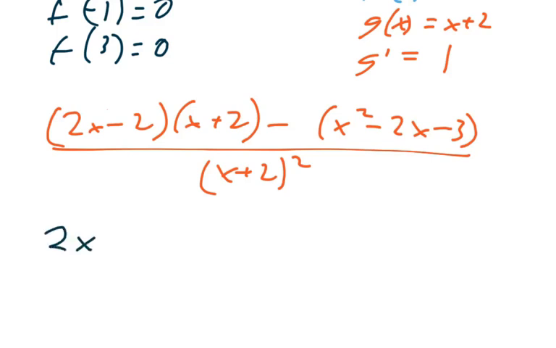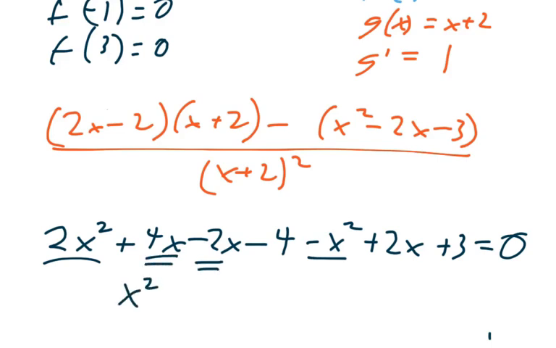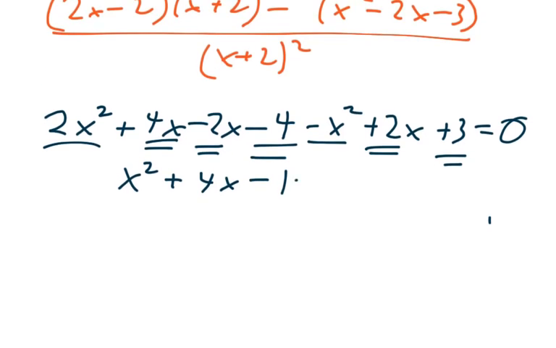So we got 2x squared plus 4x minus 2x minus 4 minus x squared plus 2x plus 3 equal to 0. x squared, 4 minus 2 plus 2 is 4x. Negative 4 plus 3 is negative 1, equals 0.